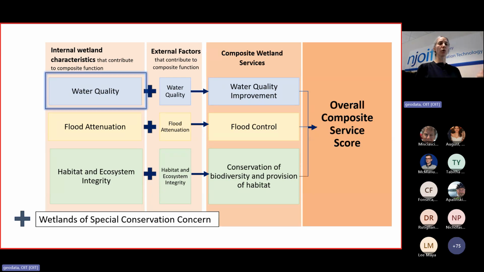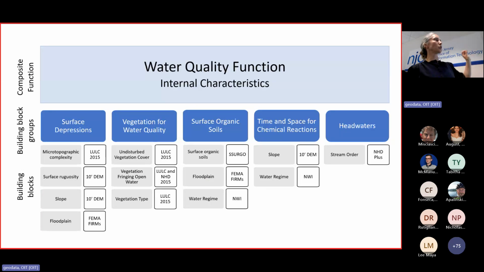So just to show you also for water quality, the way the score is composed is there are these major sub-functions, and then those are composed of these sub-metrics, and you can see examples of the data sources.